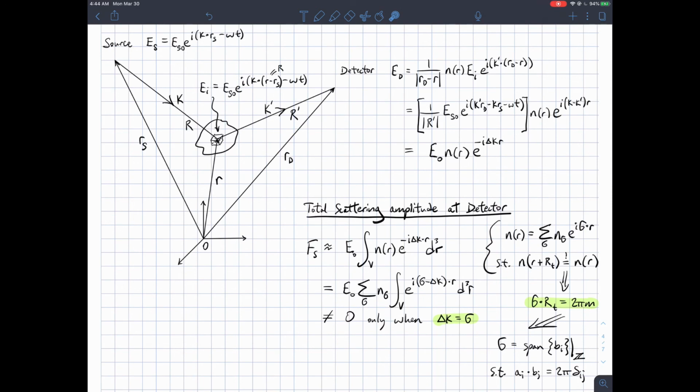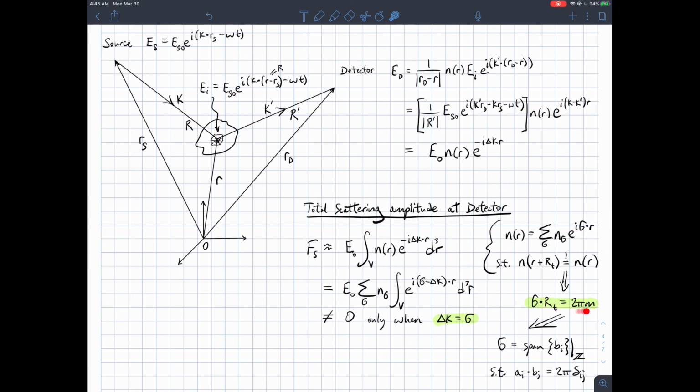So G, if we use a basis, BI, G is the span of that basis restricted to integer coefficients. Because RT, the real space translation vectors, are also restricted to integer coefficients.